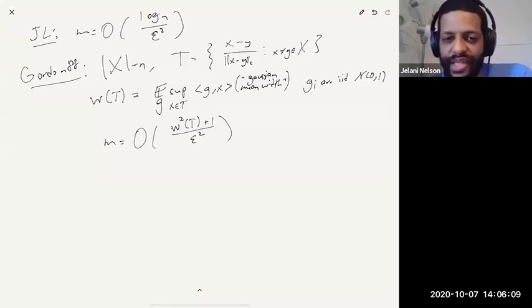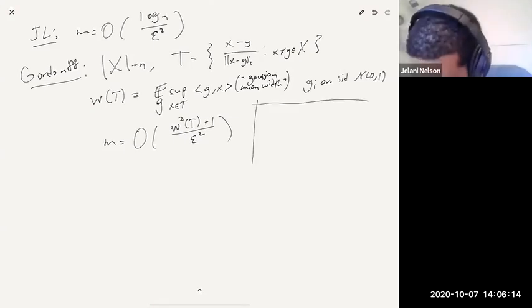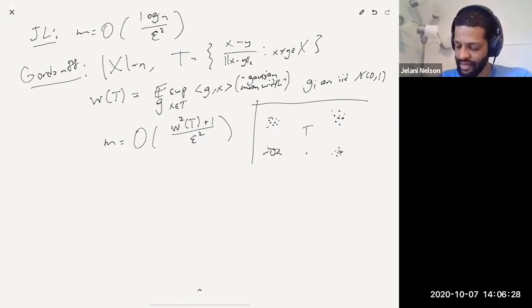But the cases that are easier are basically where, let me draw T. If T looks something like the following, there might be a lot of vectors, but they're clustered. Imagine this is T. Then as these clusters become arbitrarily small, the mean width of T starts looking more and more like square root of log of the number of clusters.